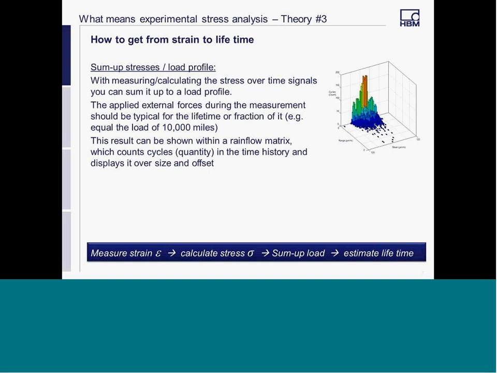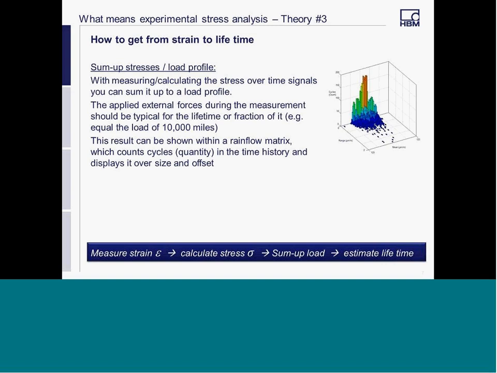We put that load profile on the component, and then we sum up all the stresses, the cycles. You always have cycles there. We sum up all these cycles. You can describe a cycle by its range, that is the size of the sinus curve, and the medium value. The medium value can be seen as an offset.